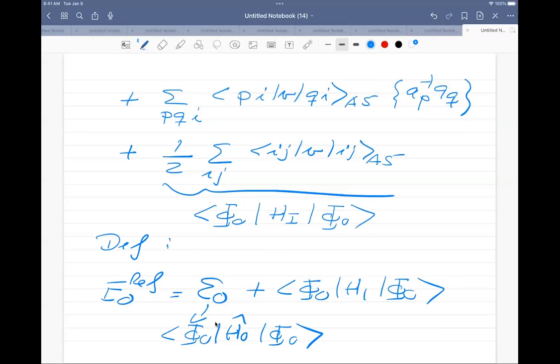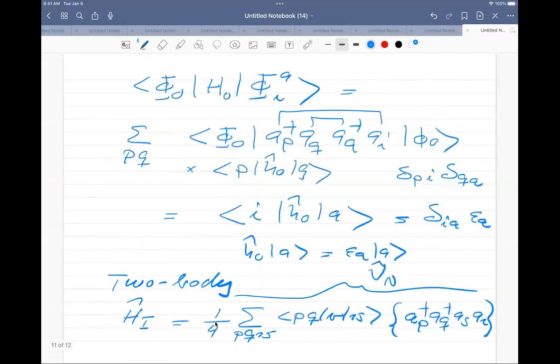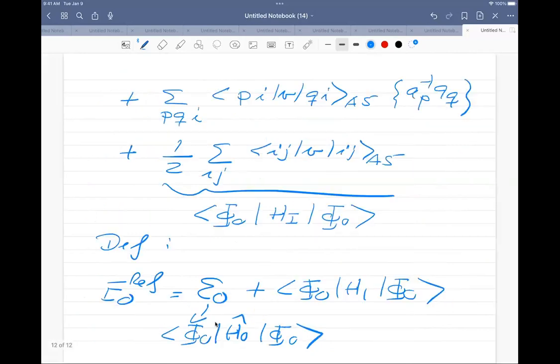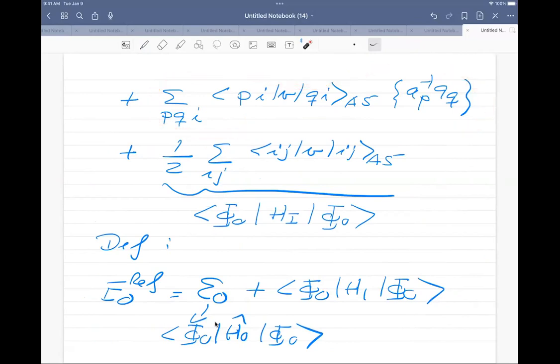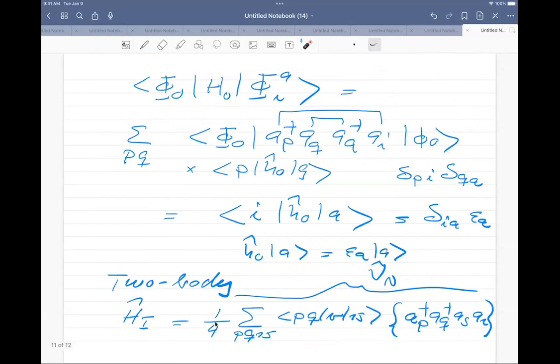So let's now look at how we can rewrite the Hamiltonian. So I define this V of N, but what I'm going to do now is to bring in this operator here, which is a one-body operator, but with a two-body matrix element.